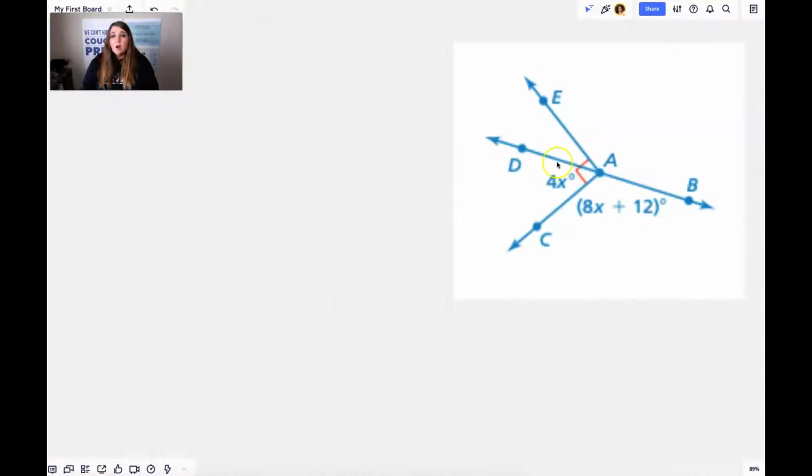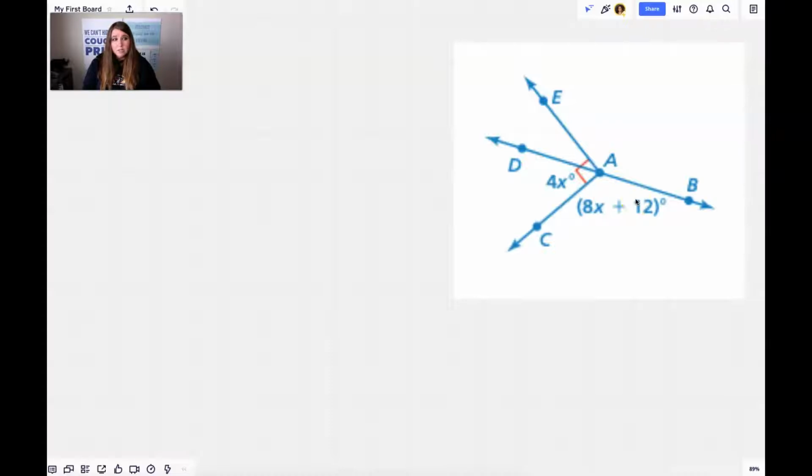Okay, so the rays are these lines that come off of the different points, or 4 rays that come off of point A. So point A is in the middle, and if we were to go all the way around point A, we would have 360 degrees all the way around. Okay, this straight line right here runs through point A for 180 degrees. And so we have some angles here that we're going to be looking at.